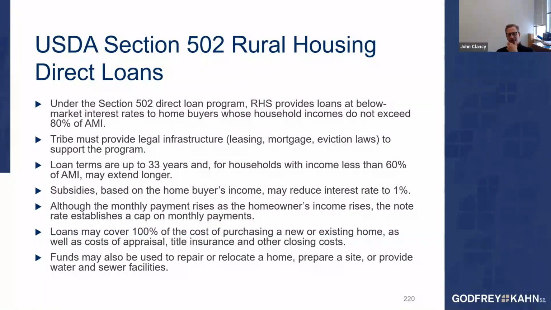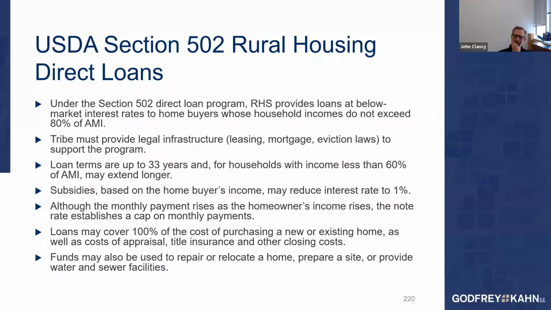To have this kind of program occur on the reservation, you still need to set up the same basic infrastructure we just talked about for the HUD Section 184 program. So you need to have a leasing ordinance, you need to have a mortgage ordinance, and that includes foreclosures on mortgages, and you need to have eviction laws to support the program.